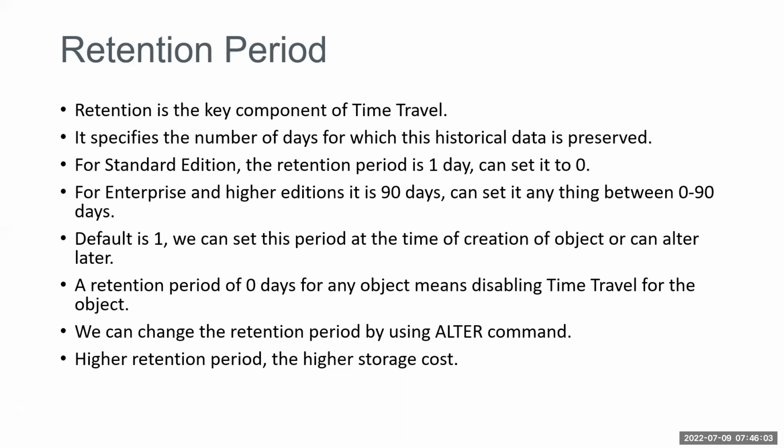If by mistake or intentionally we delete or update any data, we cannot bring that data back. So that is what is meant by a retention period of 0: you are completely disabling the time travel feature for that object. And as I said, using the alter command, we can change our retention period at any point of time.